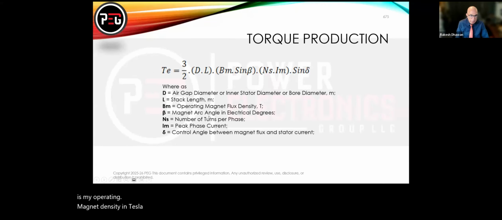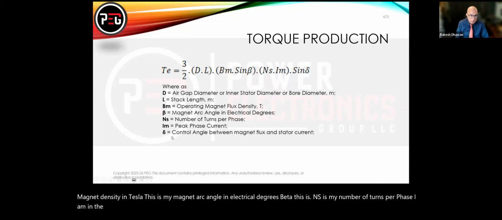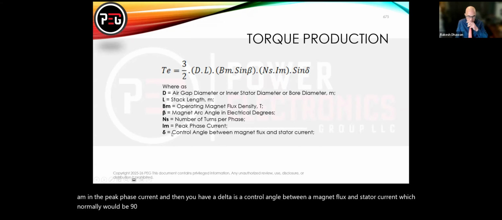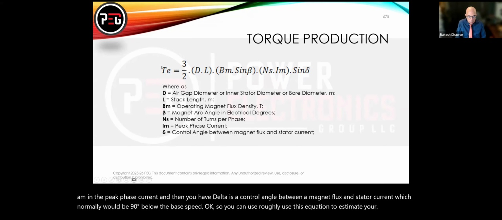This is my magnet arc angle in electrical degrees, beta. NS is my number of turns per phase. IM is the peak phase current. And then delta is a control angle between magnet flux and stator current, which normally would be 90 degrees below the base speed. So you can roughly use this equation to estimate your electromagnetic torque.